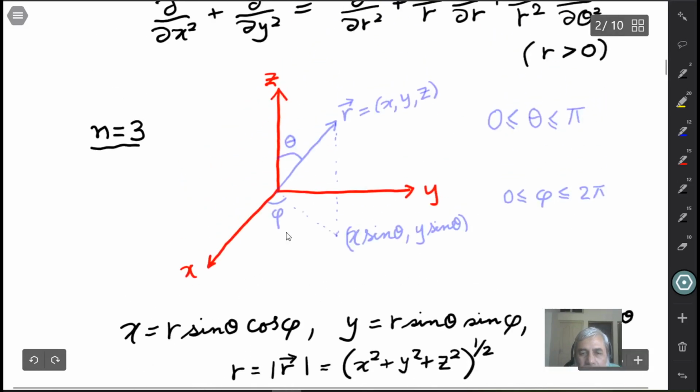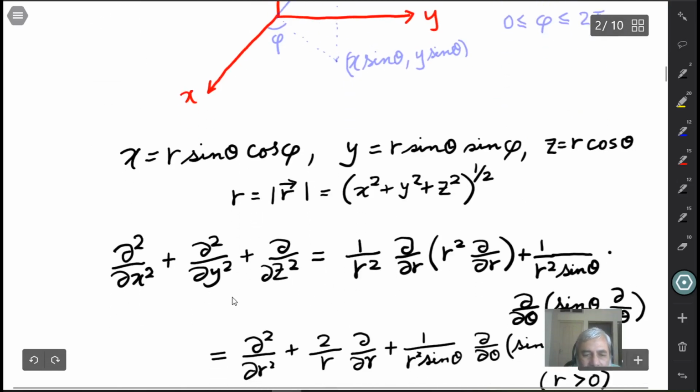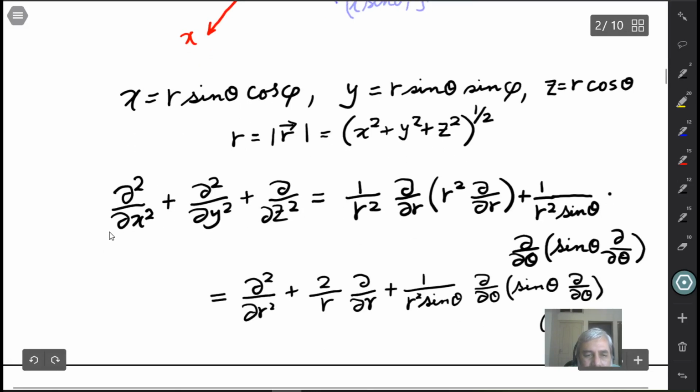So this r is the length of this vector, that is just the square root of x square plus y square plus z square, and the Laplacian in this case, so this is in rectangular coordinates, del square by del x square plus del square by del y square plus del square by del z square, is equal to 1 by r square del by del r of r square del by del r plus, so again there is a radial part, so we call this the radial part, and the rest is the angular part.